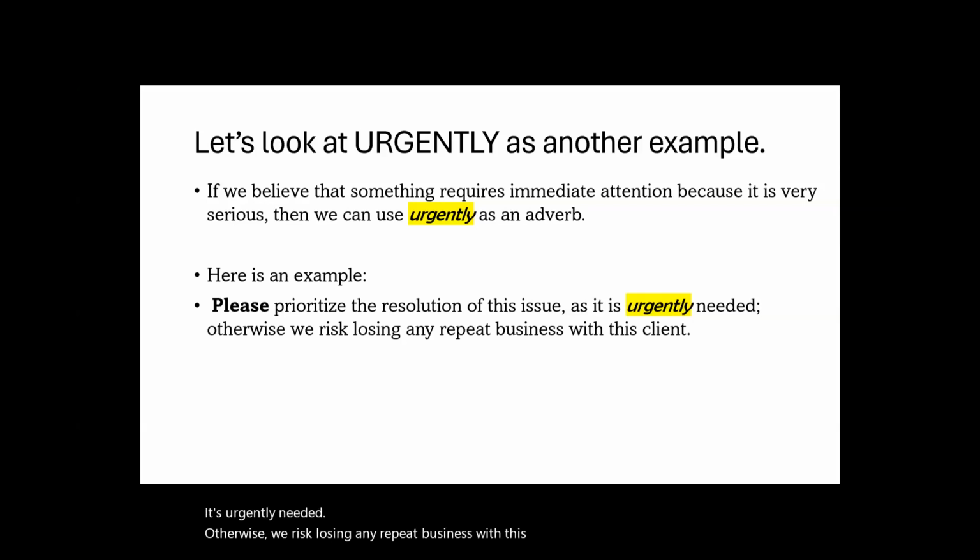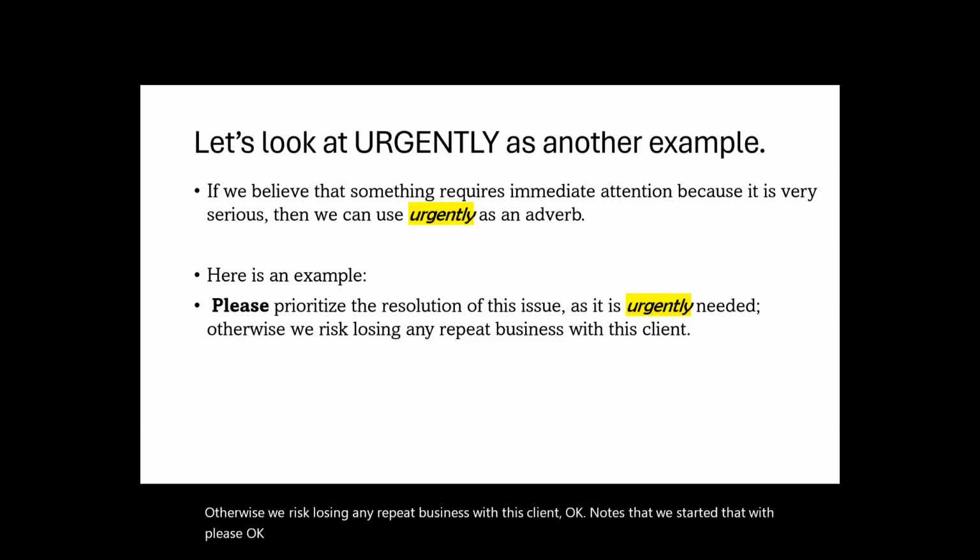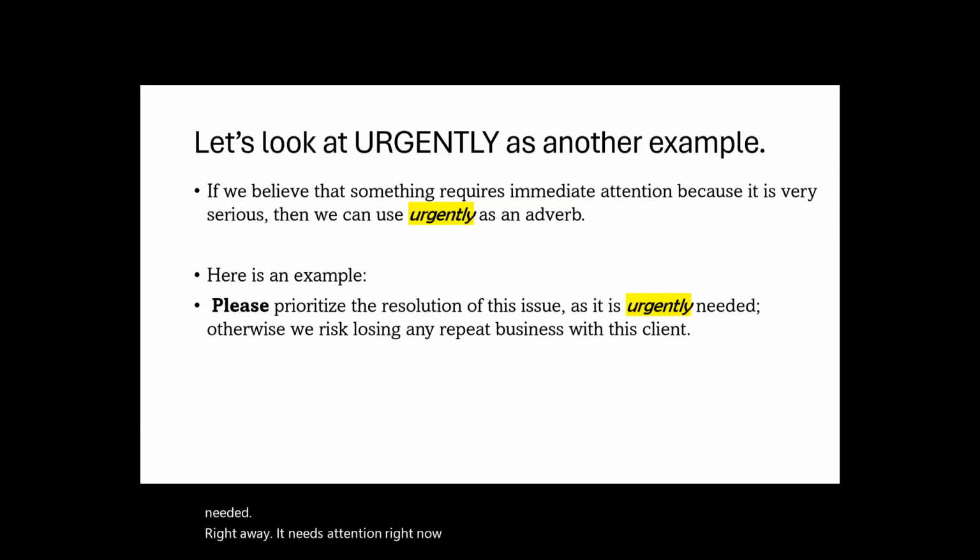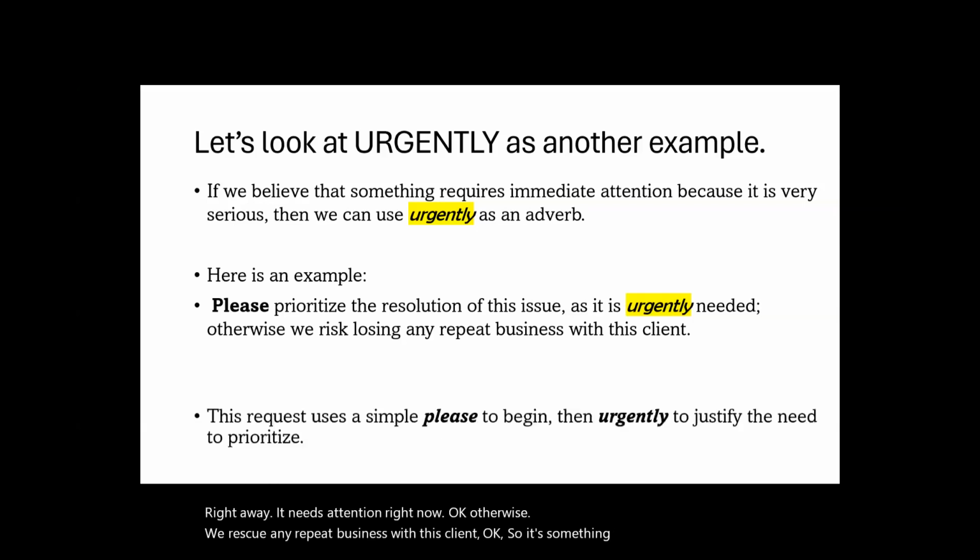Okay, notice that we started with please, and then the verb, and then after the comma, as it's urgently needed. Right away, it needs attention right now, okay? Otherwise, we risk losing any repeat business with this client. So it's something urgent. We need to be doing an action right now.